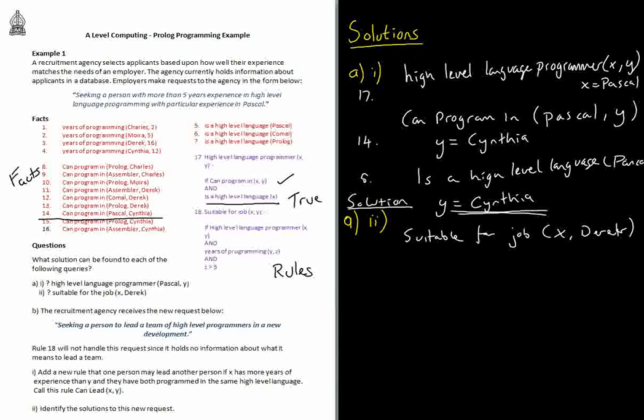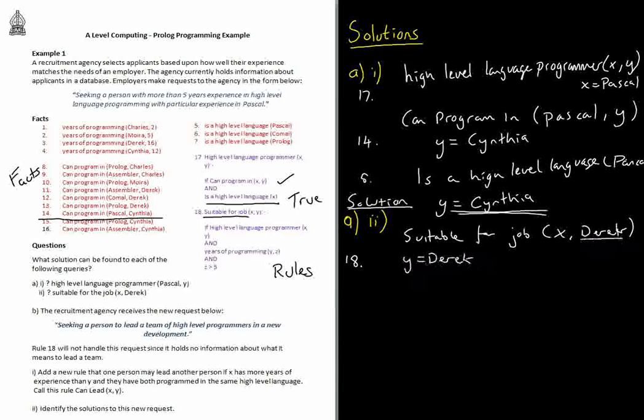So let's look at the rule, which is Rule 18. Rule 18 says suitable for job, X, comma Y. And I know what Y is, because Y is Derek. So I'm going to put Y equals Derek here.